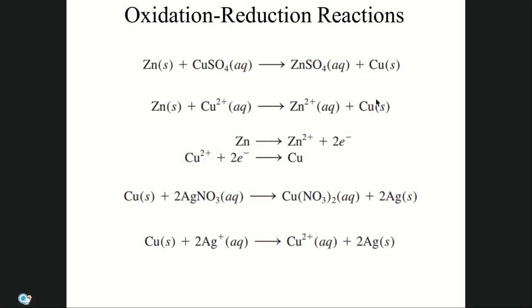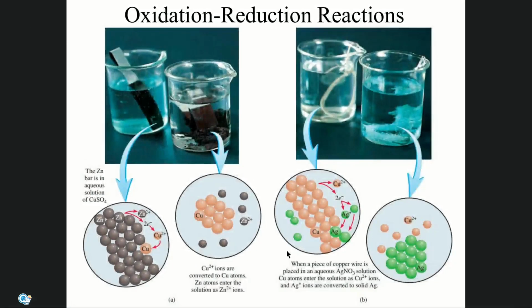In the process, the solution loses the blue color that characterizes the presence of hydrated copper 2+ ions. You can see this one at the start of the reaction, and then at the finish of the reaction. So this solution lost its blue color.